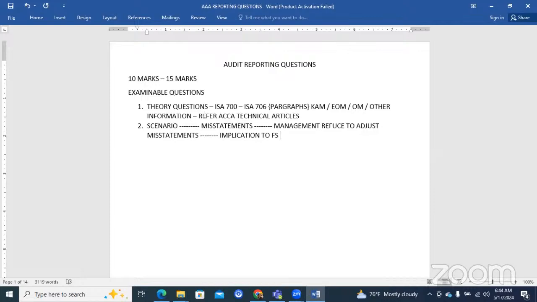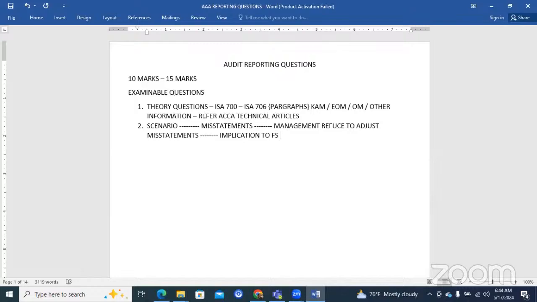Suppose you get a question; the same type of question is tested in the Audit and Assurance skills level paper as well. But in the skills level paper, the misstatements are more visible misstatements. Limited standard knowledge is enough to understand that problem.